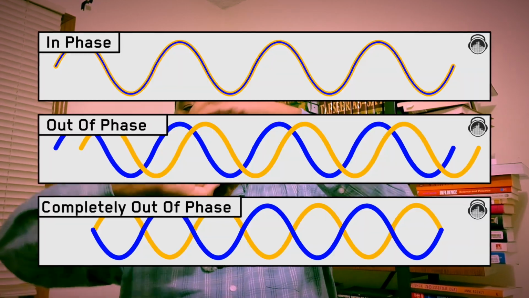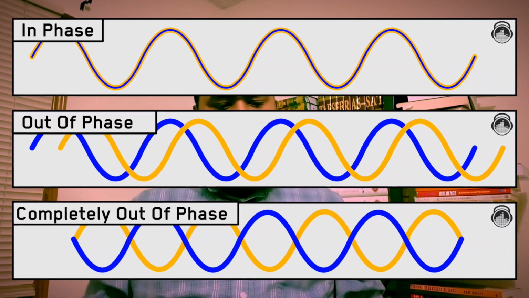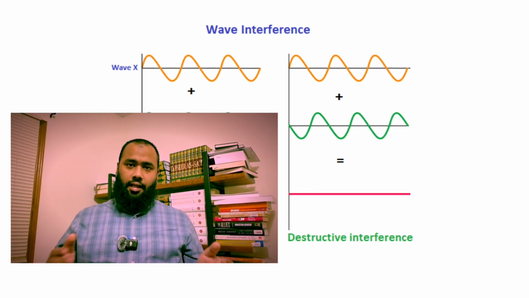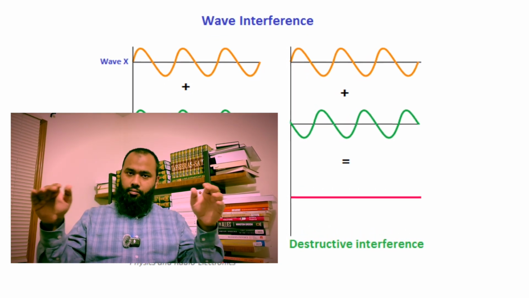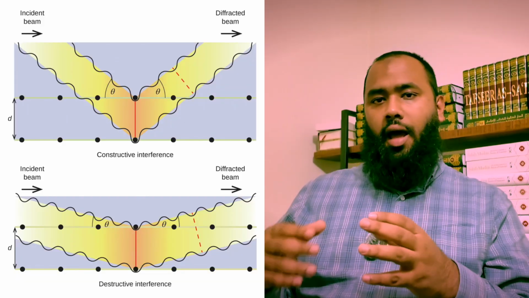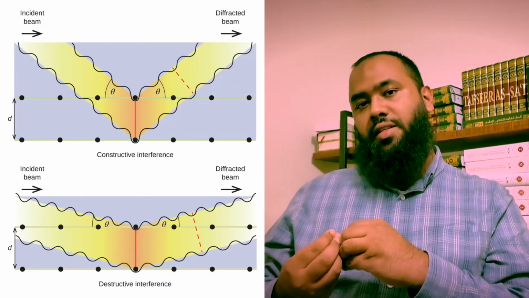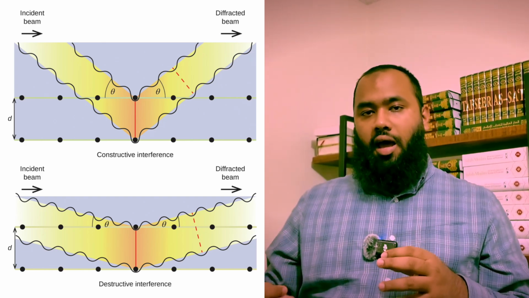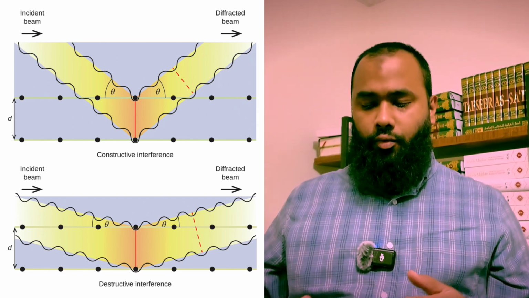However, if the 2 waves are coming in a different phase, then it will be destructive interference, and they will just cancel each other out. So depending on how these X-ray waves are interacting at the detector, you will be able to figure out if there is a plane or not.